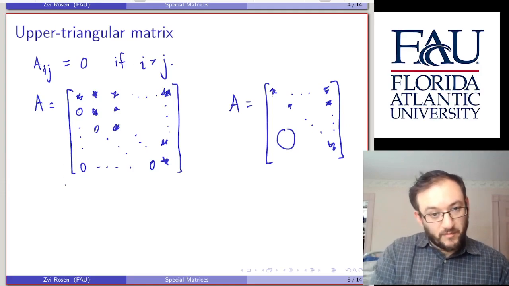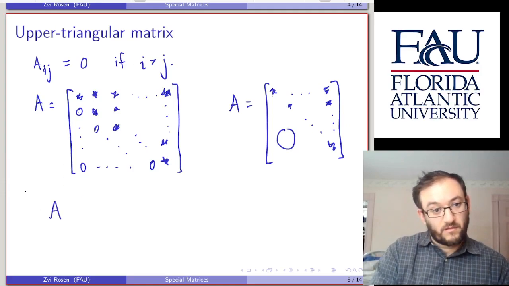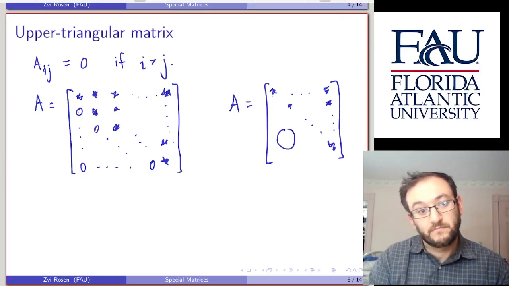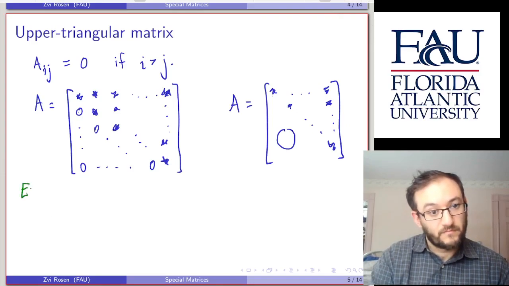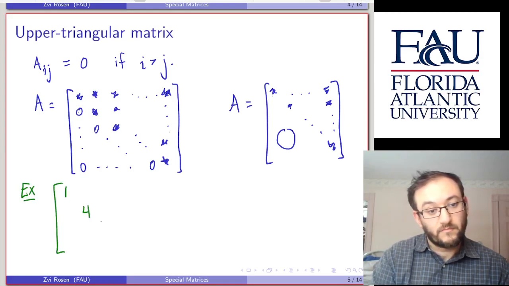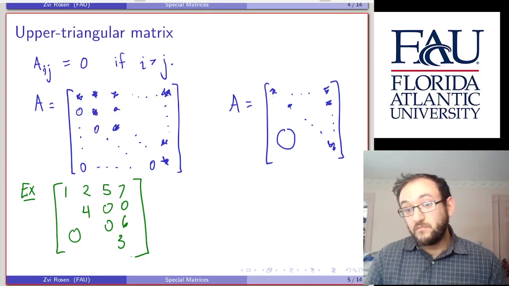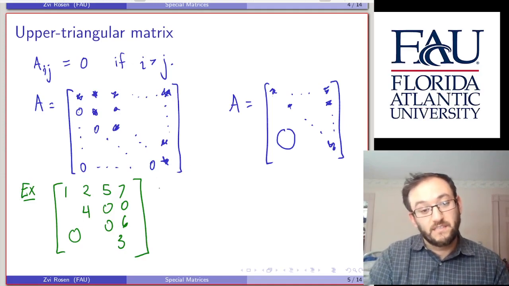Okay, and an example might be, let's get this in a different color. Okay, this is an example of an upper triangular matrix.